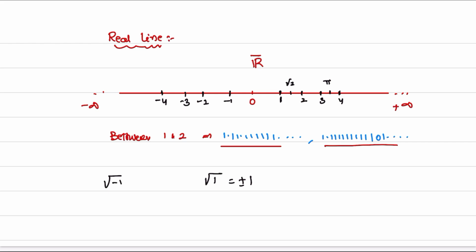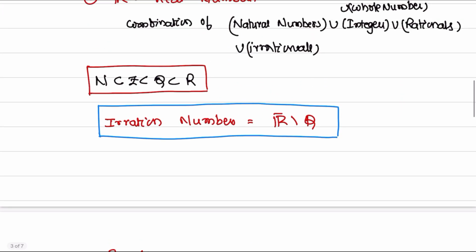But square root of -1 cannot be represented on the real line. Then an imaginary system is developed. After real numbers we get the complex number. That is called the complex number. Very, very important.